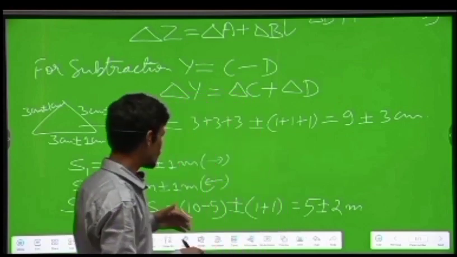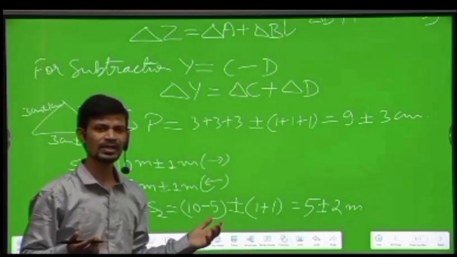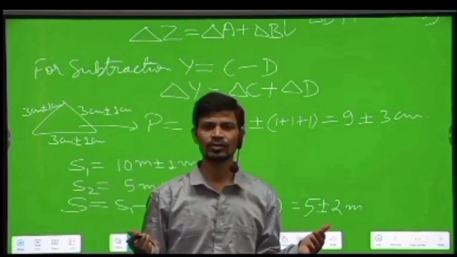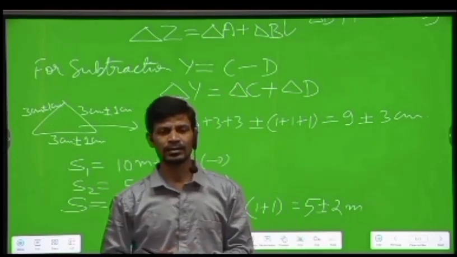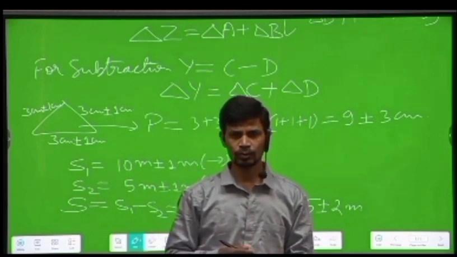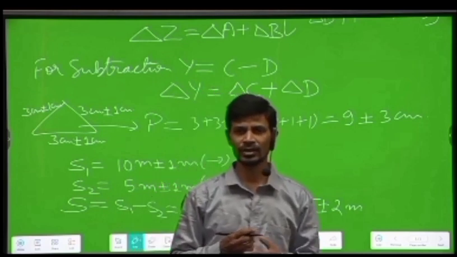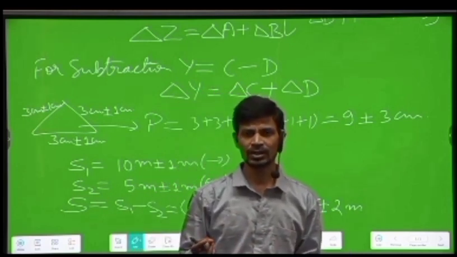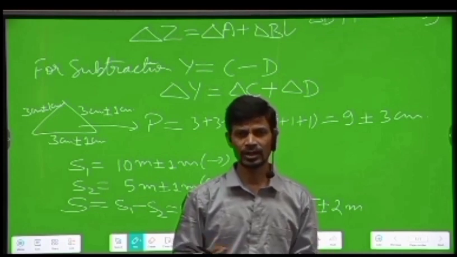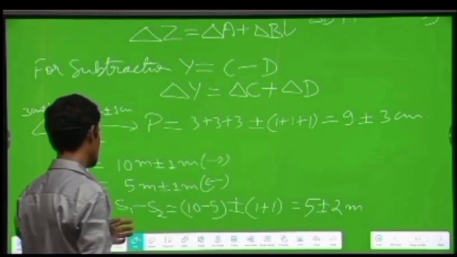So here we can say that if we want to add or subtract only two quantities, then there will not be much error. But if we have to deal with a large number of quantities, then the error will also increase. So this is how the error propagates.